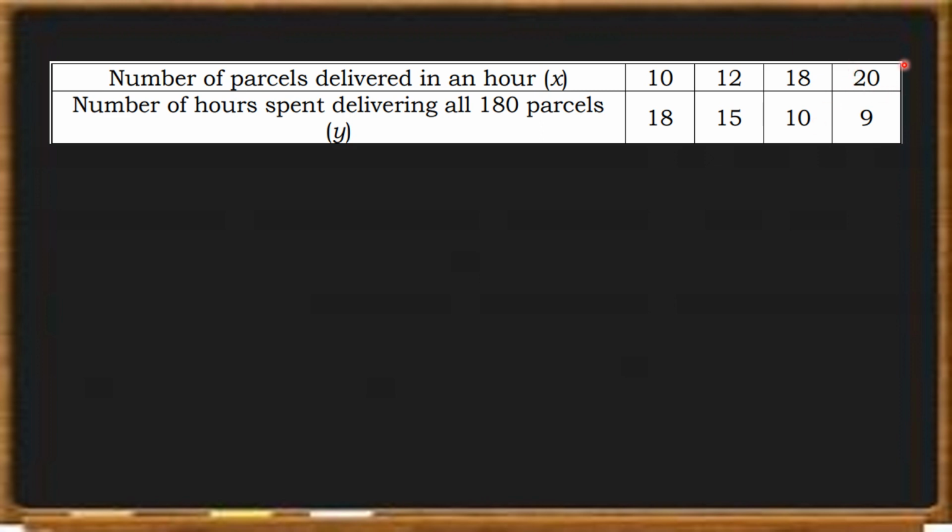If 20 parcels per hour, just 9 hours, and they finish these 180 parcels.